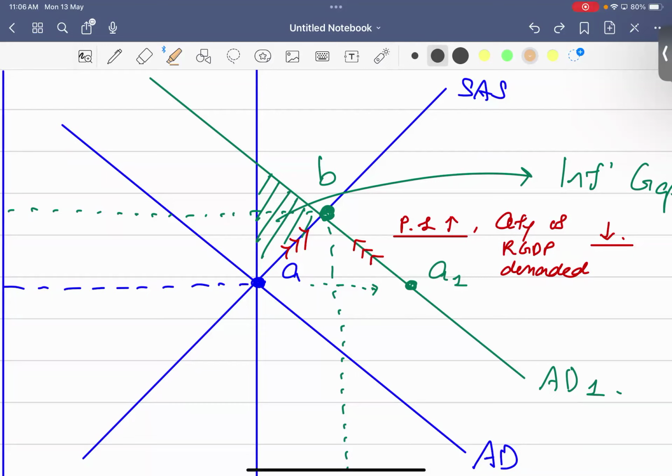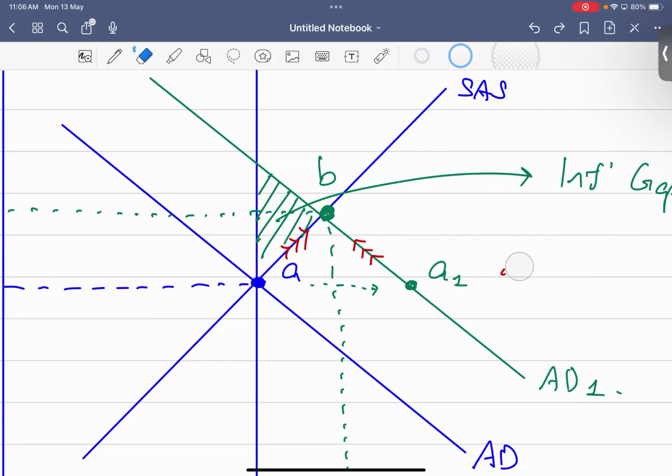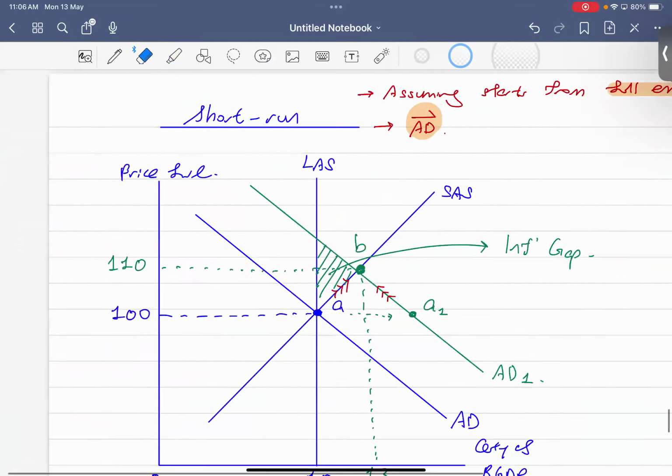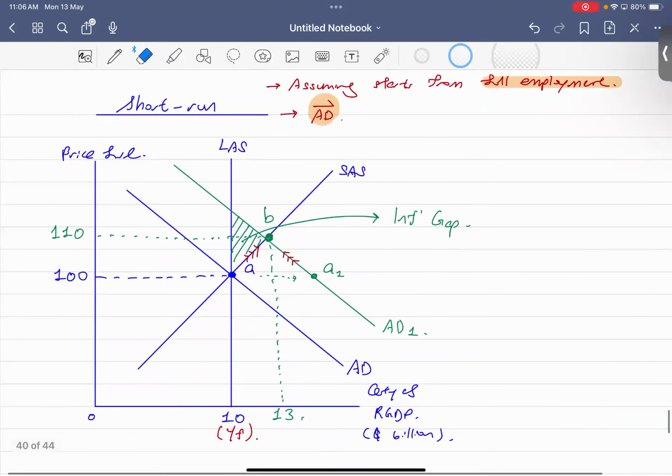Okay? Or even in your exam. So now you understand that you can see the effects from a graph here. From point A to point B, you can see that there are effects that you can mention.